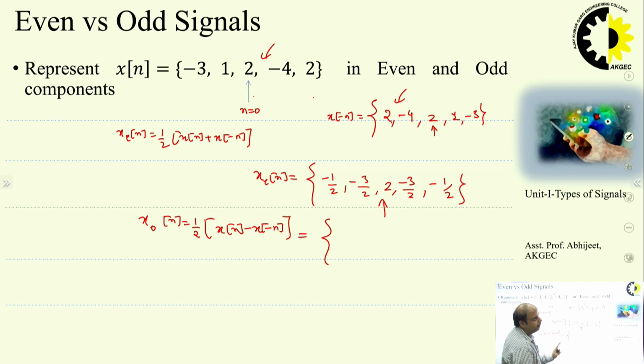So it will become minus 3 minus 2, which is minus 5 by 2. Then we move to n is equal to minus 1. At n is equal to minus 1, the signal is 1 and this signal is minus 4. We subtract, we get 5, so we get 5 by 2. By default, the origin has to be 0. There is an odd antisymmetry about the origin, but you can also calculate 2 minus 2 will give you 0. So 0, and this is the n is equal to 0 point.